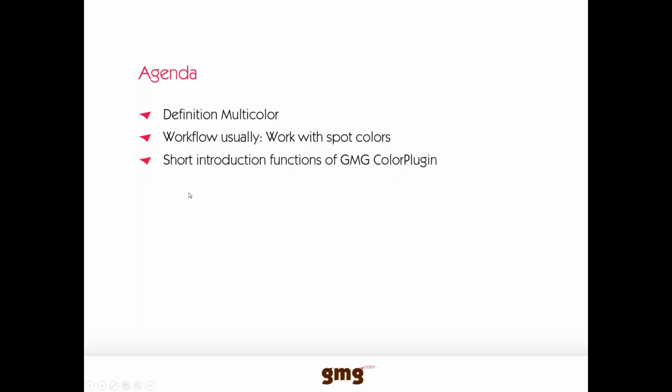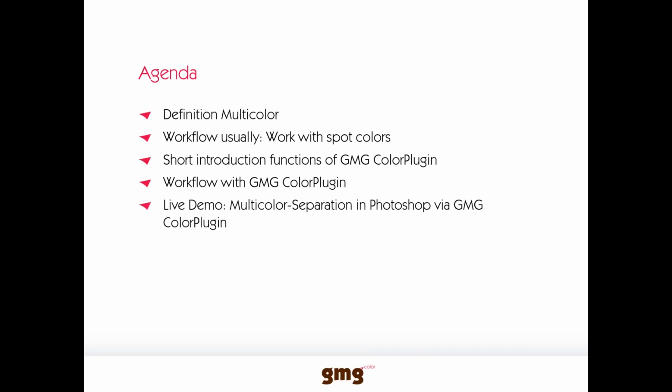And also, of course, we want to shortly introduce the GMG ColorPlugin, what functions we have in case of multicolor separation, how the plugin could help you with your workflows. And then to see how to build up a workflow with the GMG ColorPlugin and how much easier it really is to work with the ColorPlugin than to work in, I would say, a conventional way.